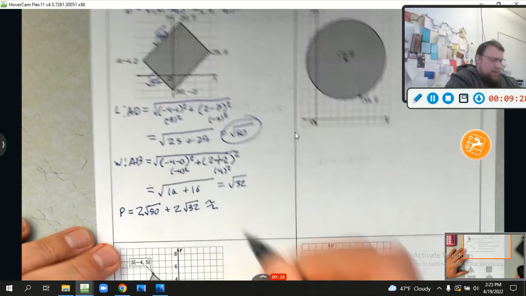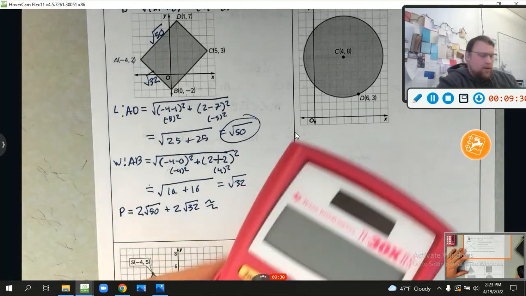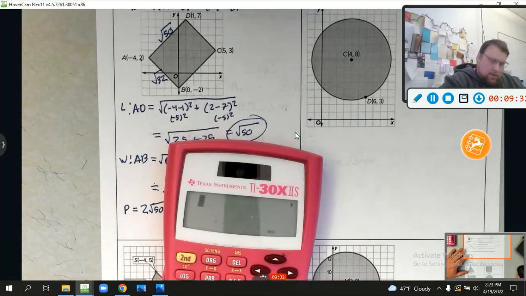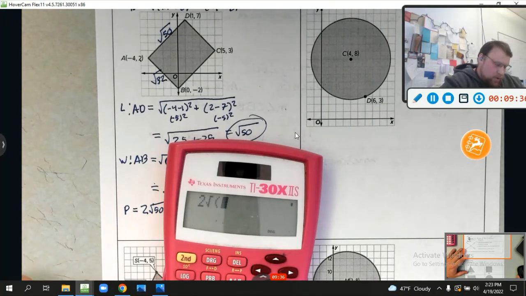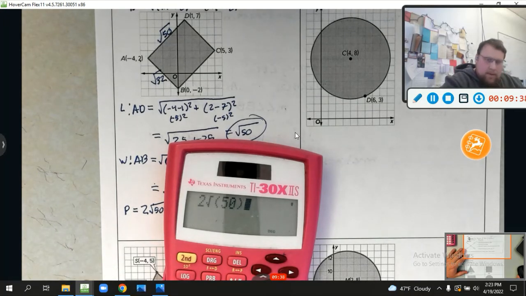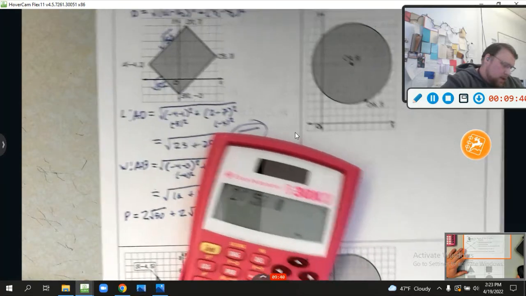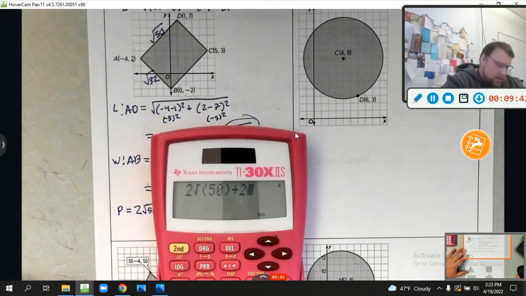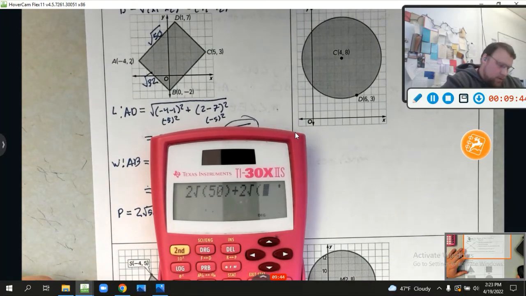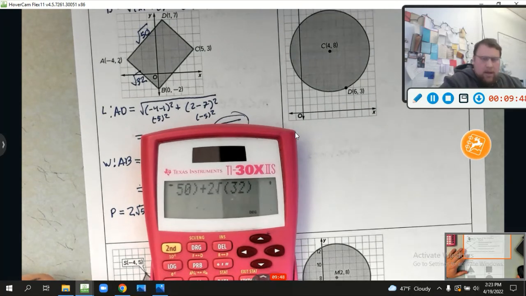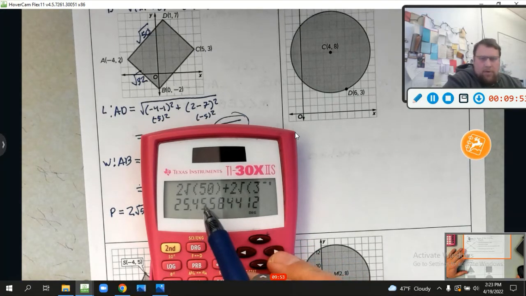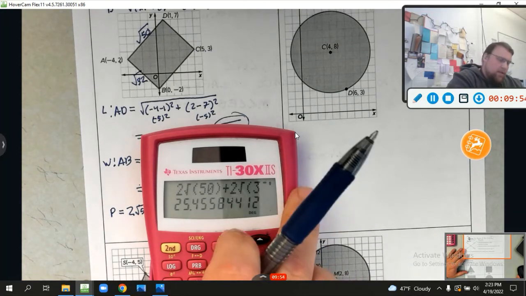And that's going to be approximately, here's where you're going to want a calculator out. So I'm going to have 2 square root of 50, close off that bracket, and plus 2 square root of 32, close off that bracket. What does that equal? Approximately 25.4, but that 5 makes it round up, so 25.5.